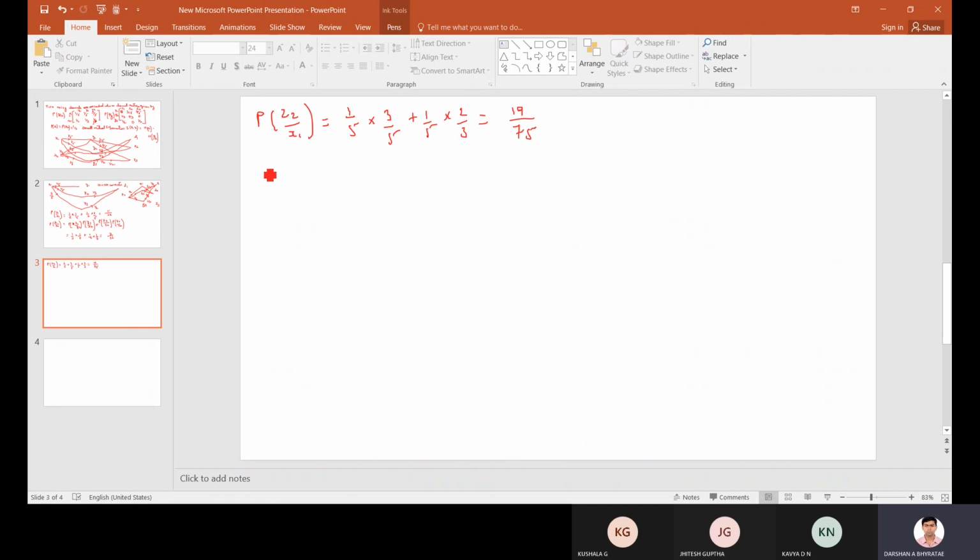Okay, and similarly P of Z2 by X2. Find out the probabilities.